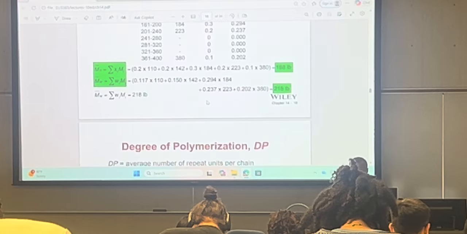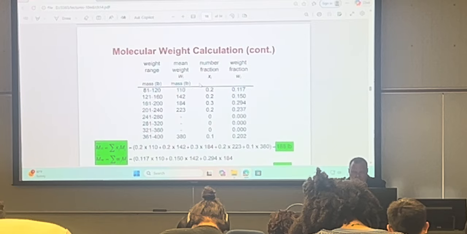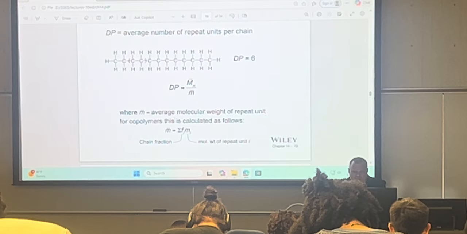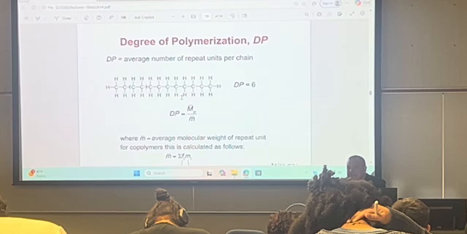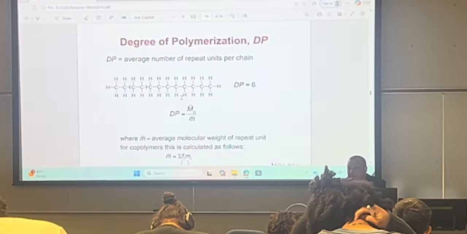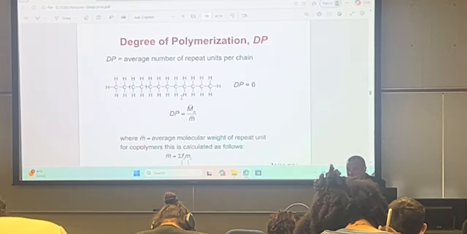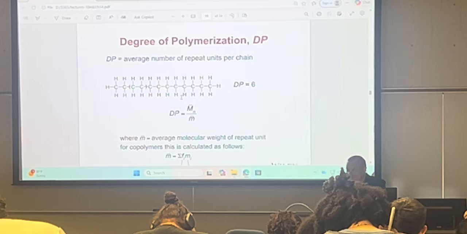So we have m sub n, which is based on the number fraction, divided by the weight of the repeat unit. So essentially it counts how many of those repeat units are in the chain. Make sense?